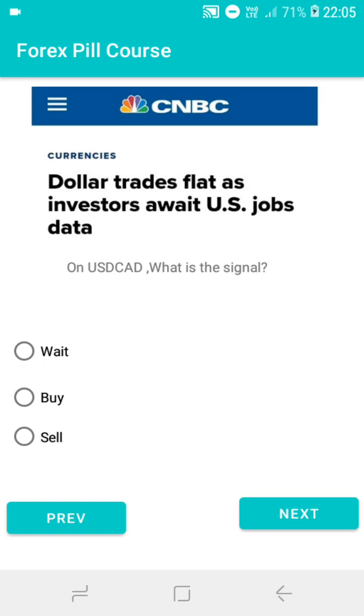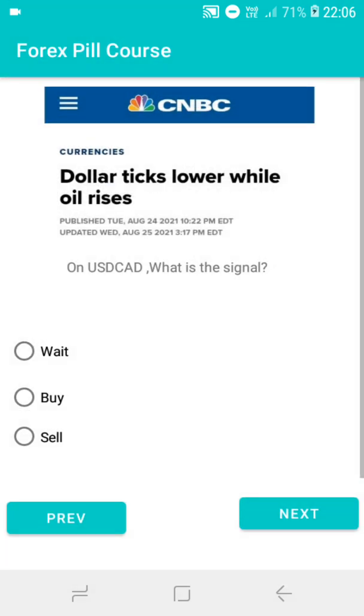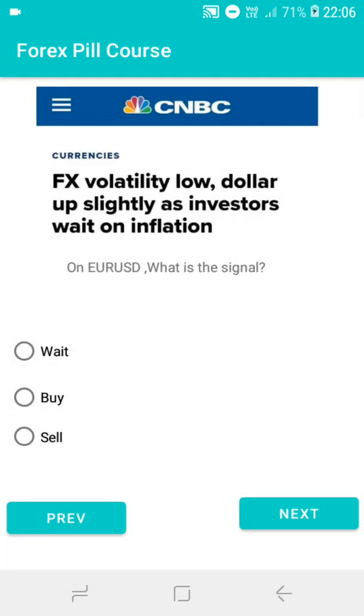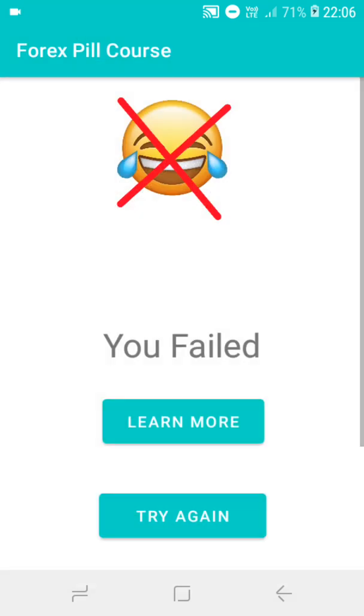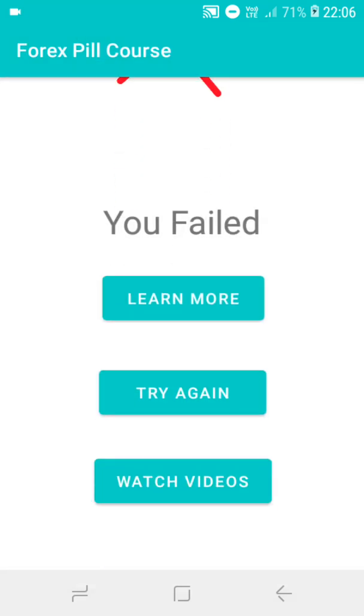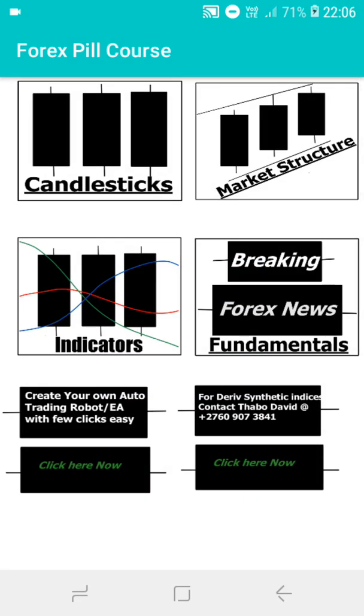Here you can see the keyword in the news is await, meaning you must wait. And my answer is simple: wait, buy or sell? You just press wait. But let's say now you know more, you know about blocks, then you won't even mind these things. So I'm saying to you, just keep on practicing on this app, make sure that you are passing every basics, and even if you are passing, make sure that you don't let the basics leave your head, because you will end up in some place where you don't know what you are doing.